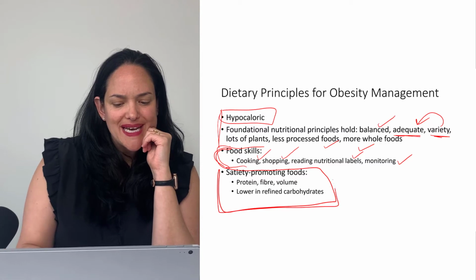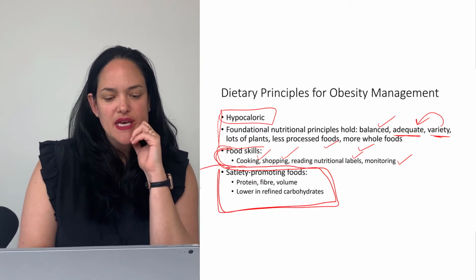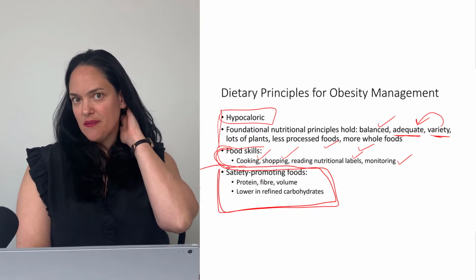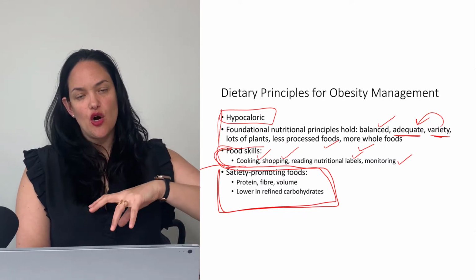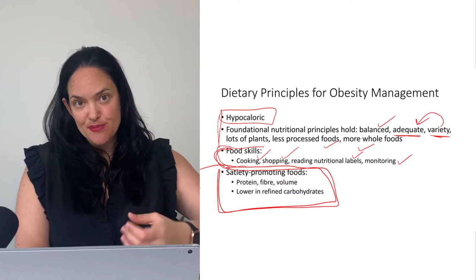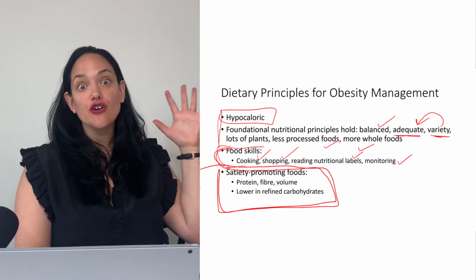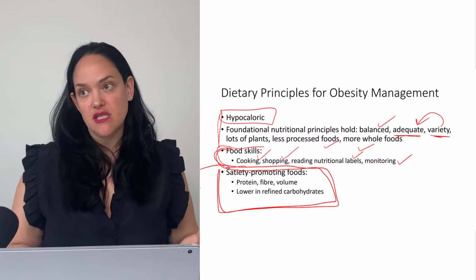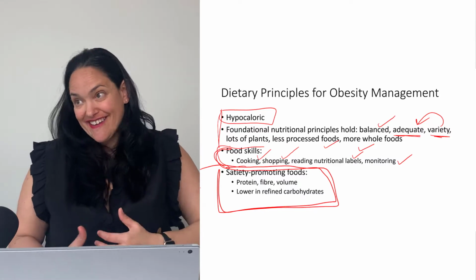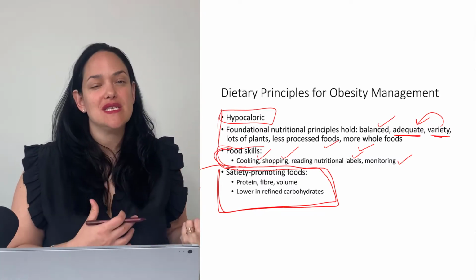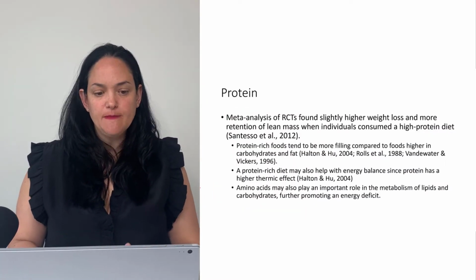Okay. And I also wanted to just focus a little bit on hunger management and appetite management. In particular, I wanted to highlight some foods that are more satiety promoting and can help manage some of those higher hunger signals that we often see for various epigenetic, genetic, and physiological reasons in individuals with obesity. Okay?